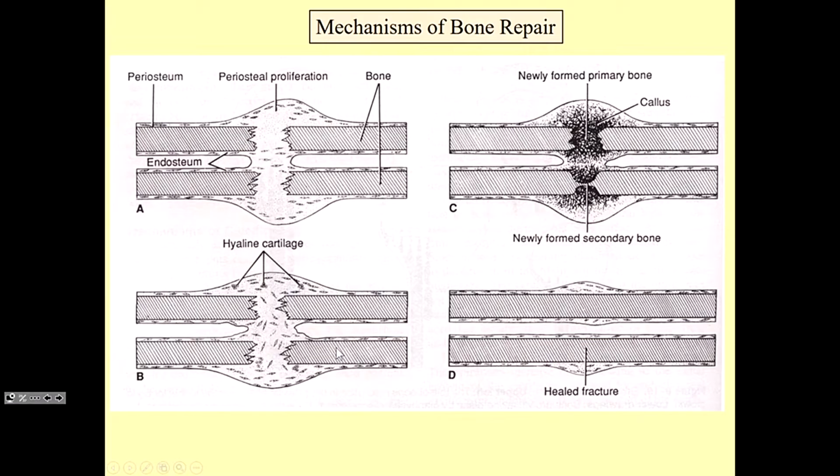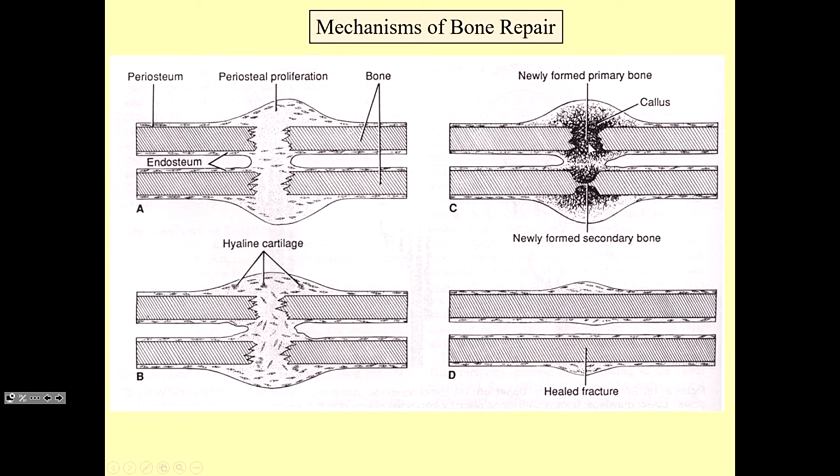Okay, this shows you this schematically. So we've broken our bone. The periosteum and endosteum, in the absence of a vascularity, will form a cartilage bridge, which then appears thus. And then after a while, once that cartilage bridge forms a stable link between two bits of broken bone, we can get some blood vessels penetrating into that cartilage bridge.